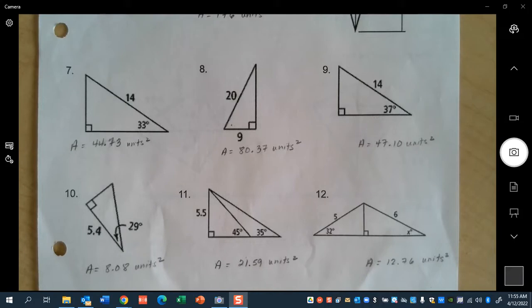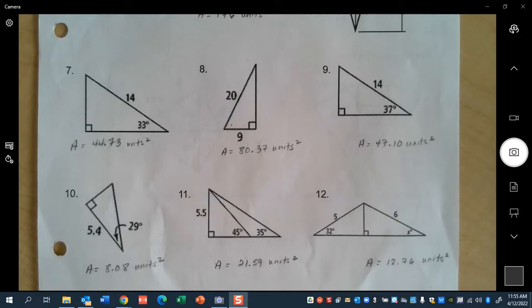For number 7, you had to first figure out the length and width of that triangle. And you don't have it, so you had to do the sine of 33 degrees to get your height, and the cosine of 33 degrees to figure out your base, given that hypotenuse of 14.